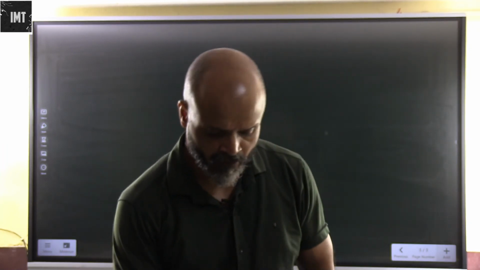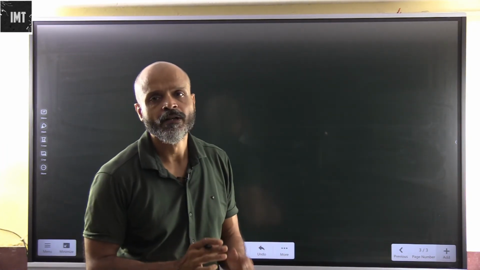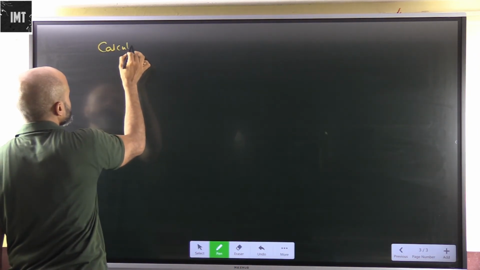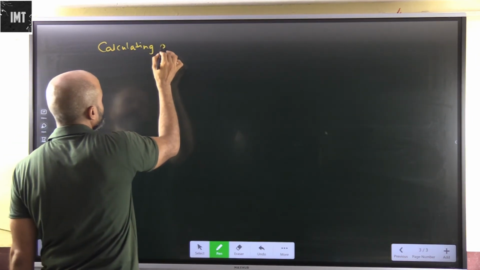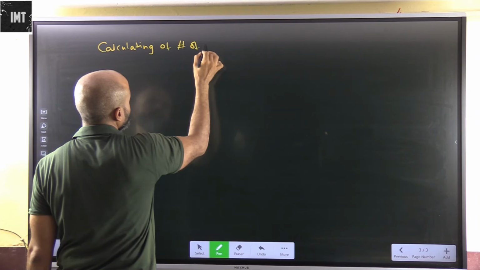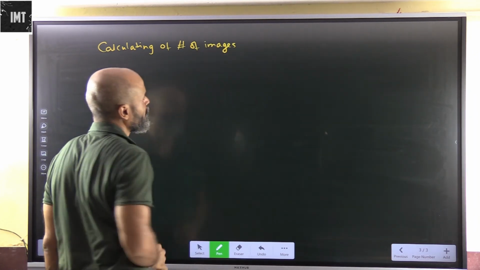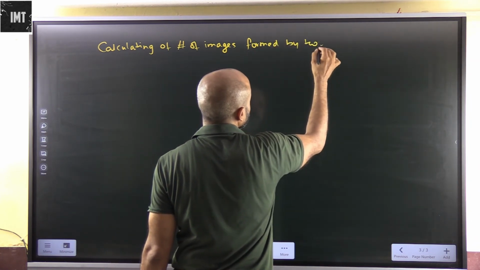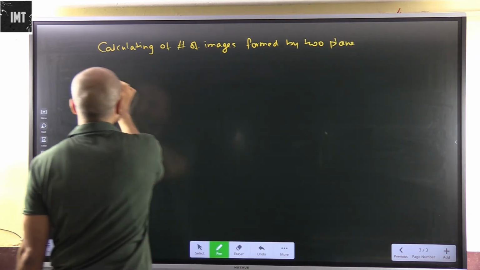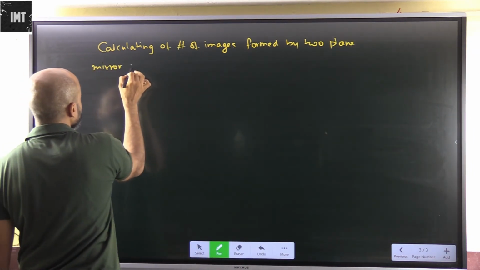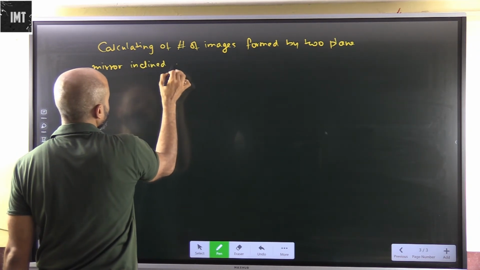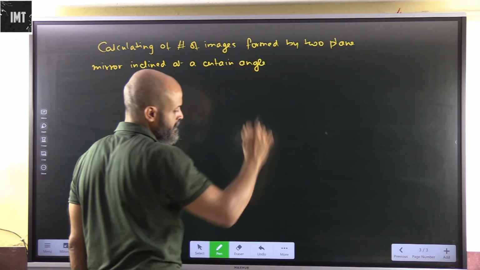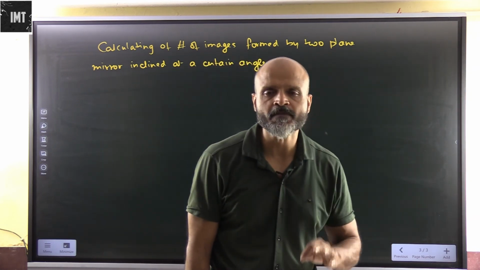In this part I am going to share some tips on calculating the number of images formed by two plane mirrors inclined at a certain angle. Very important tips, shortcuts these are.